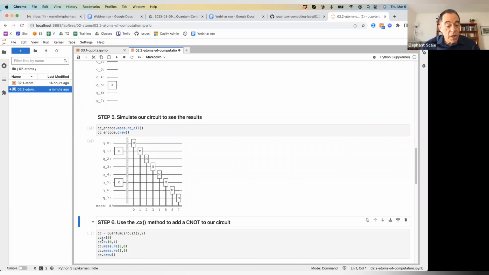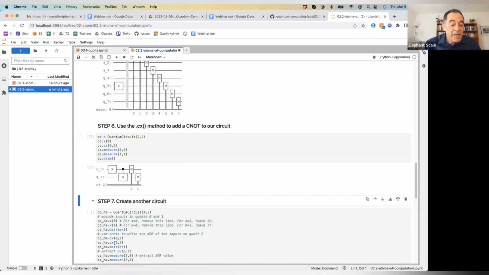Now X is NOT, CX is a gate of 2 qubits combined with a NOT. And I think that's enough for now, because I also want to get your reactions on that. What we can say about quantum computing from this introduction.